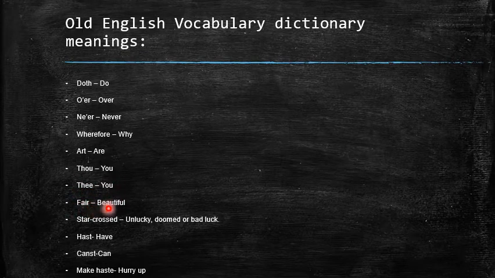Fair means beautiful. Star-crossed means unlucky, doomed, or bad luck. Hast means have. Canst means can. Make haste means hurry up. Hopefully these will enable you to connect the sentences much easier and make reading Old English a bliss.